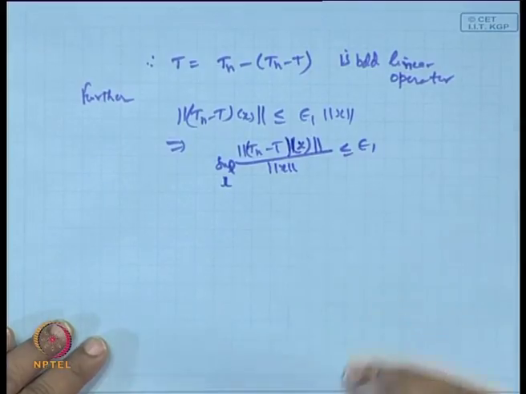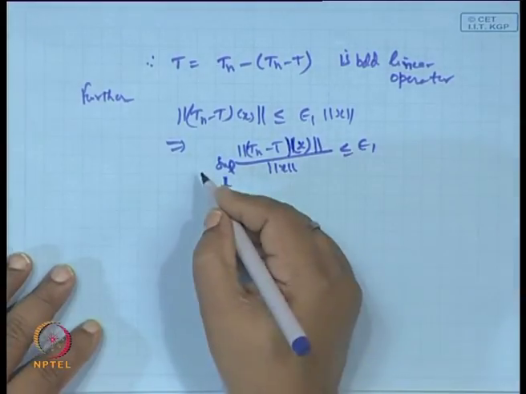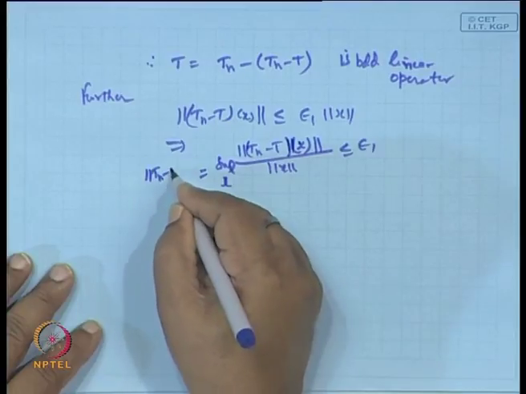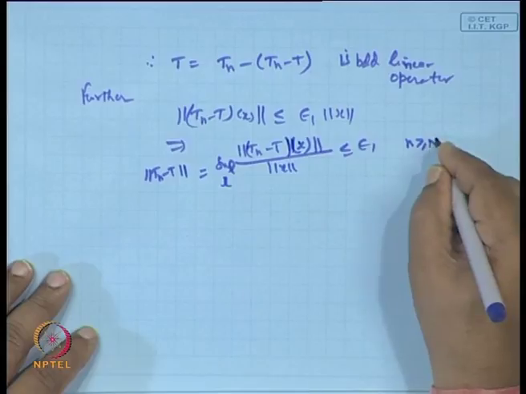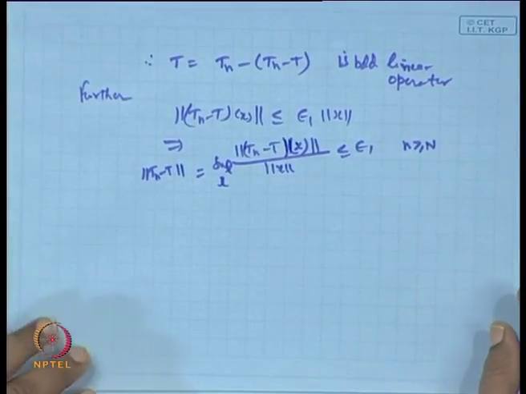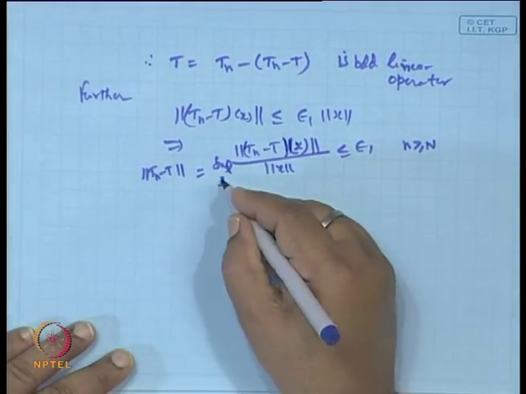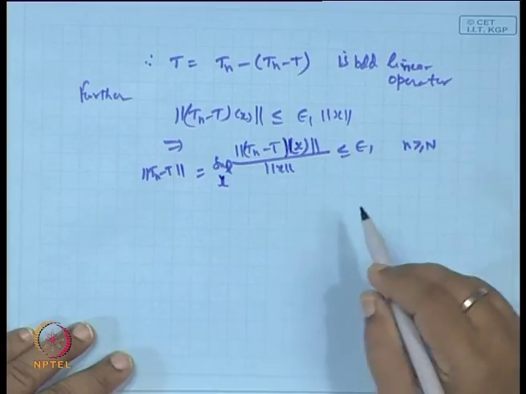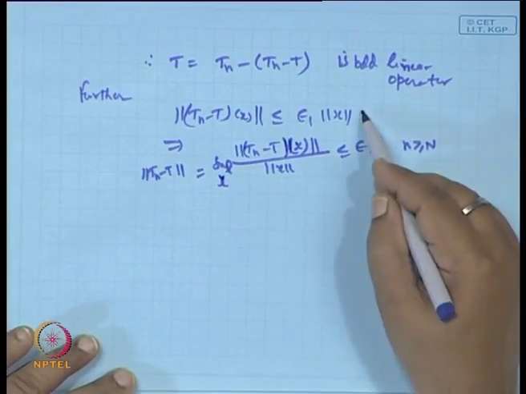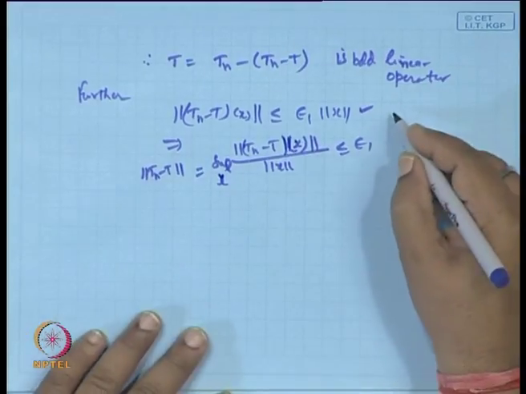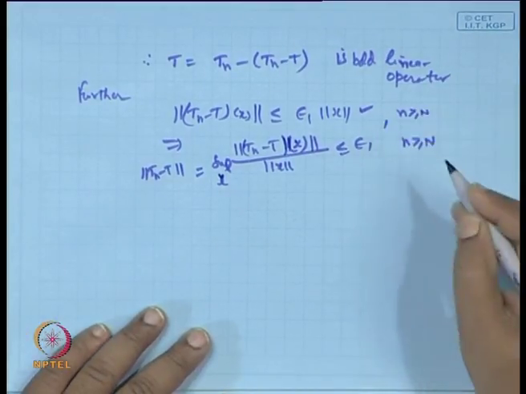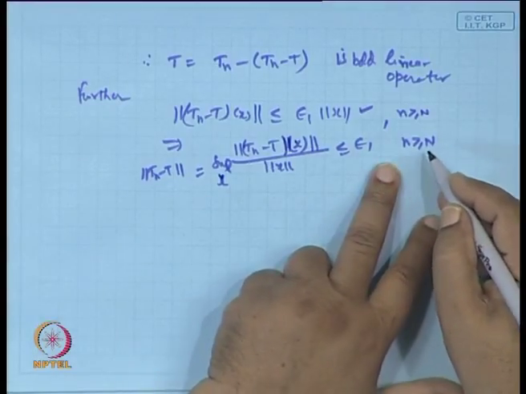Is it not less than this? Which is equal to norm of Tn minus T, as n greater than or equal to capital N. Sir, we are taking supremum over x, as this condition is valid for all x. Supremum is taken for all x. And this is true for n greater than or equal to N.